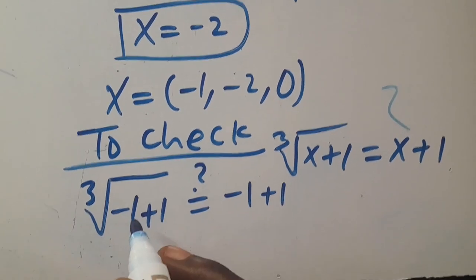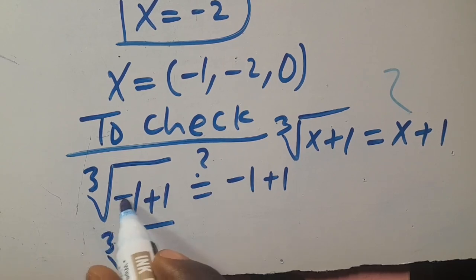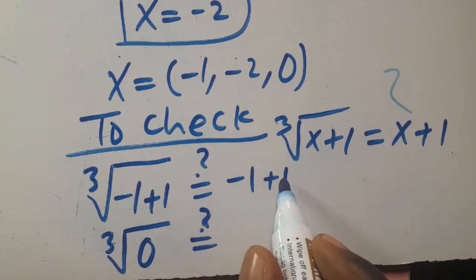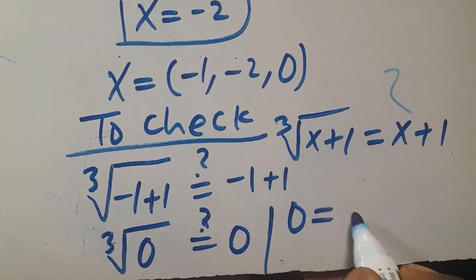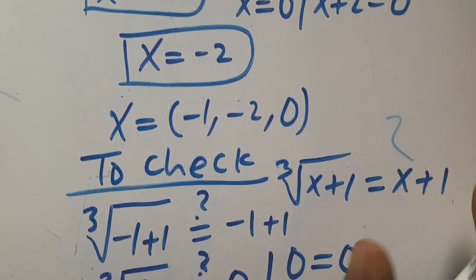So from here, we have cube root of minus 1 plus 1 will give us 0. Then minus 1 plus 1 will be also equals 0. And the cube root of 0 will be 0, equals 0. So this is true.